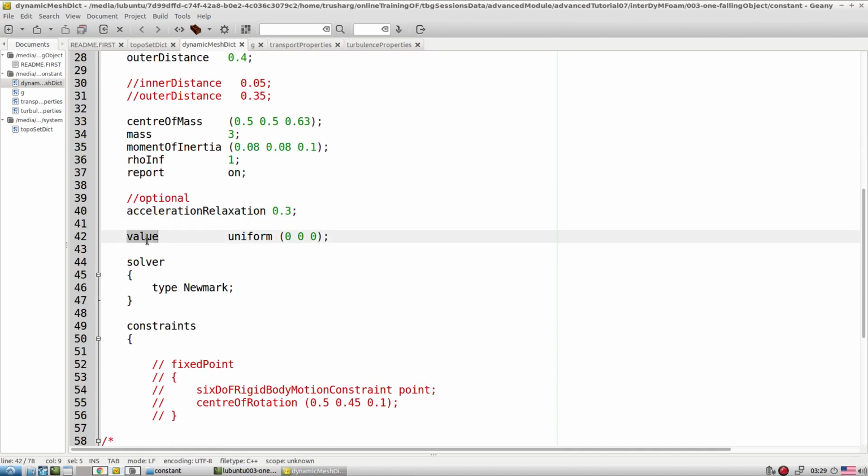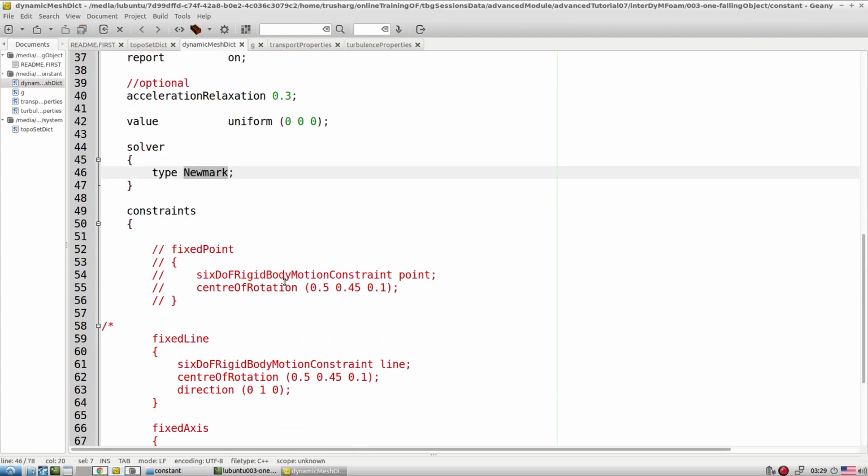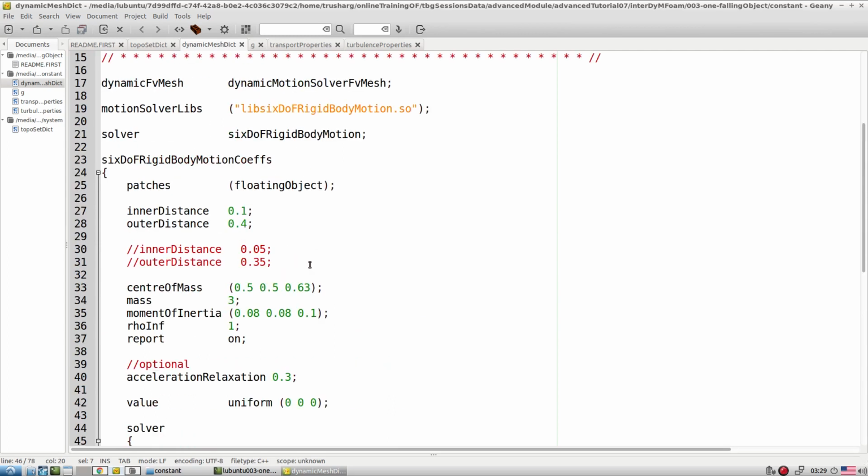Then we have this dummy value, and solver-wise we have three options available at this particular solver level. And then we have certain constraints, so we can fix the movement, even though here we have six degrees of motion.